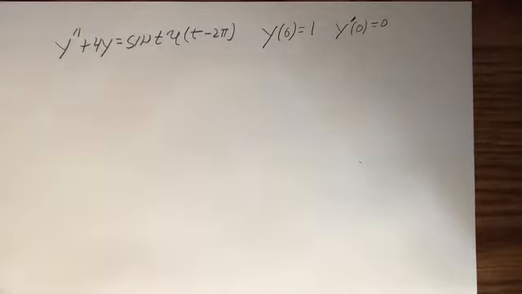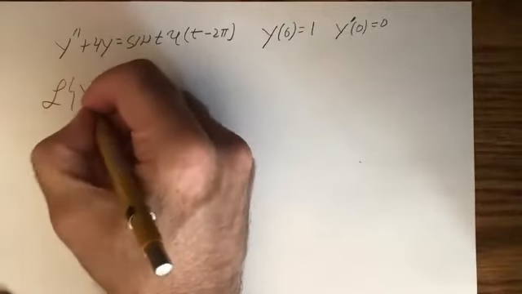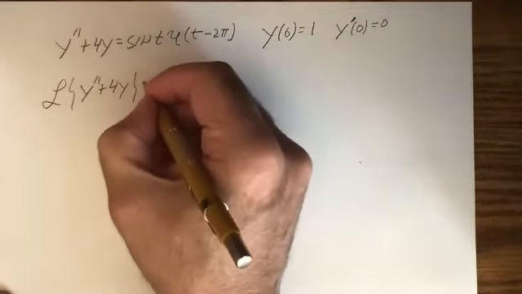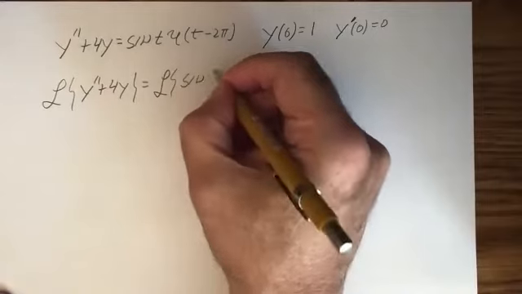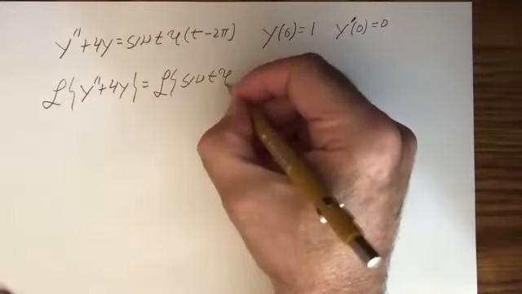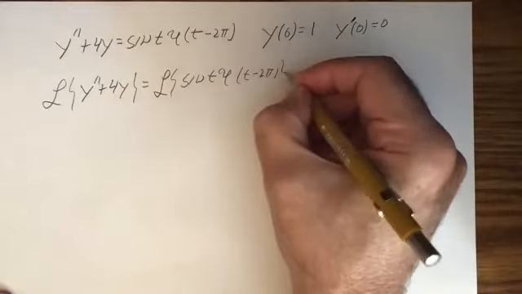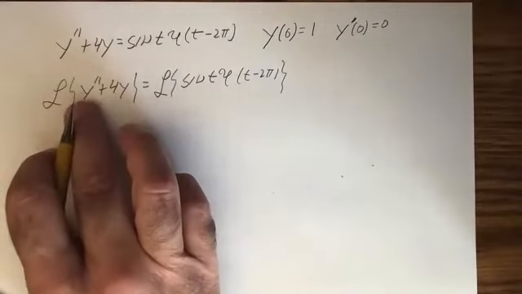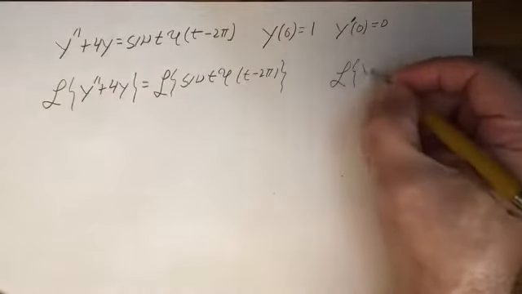So the first thing, we take the Laplace transform of everything. I'll write it out like this. You take the Laplace transform of this. Now, we should all know with the second derivative, you have this on the test.